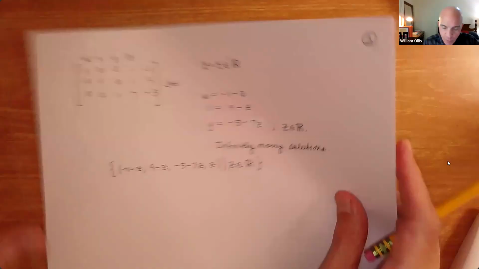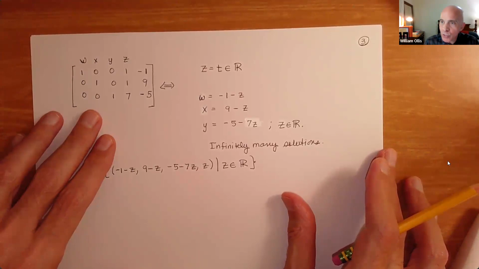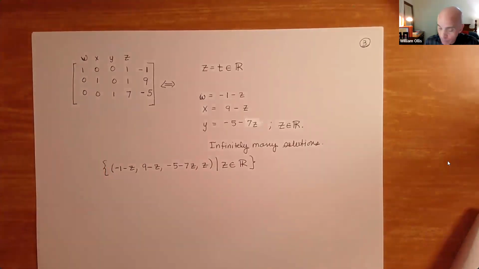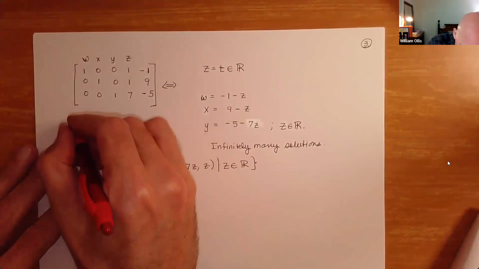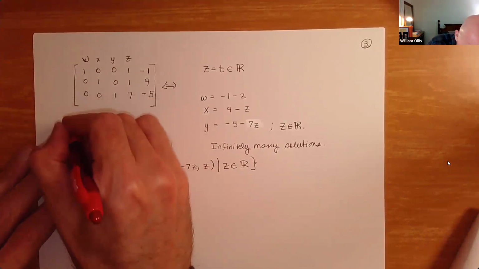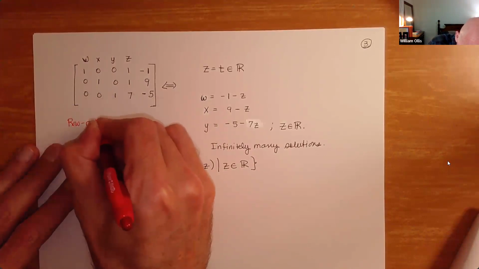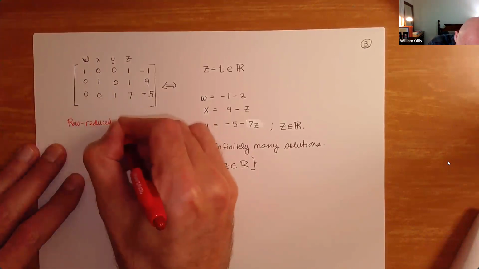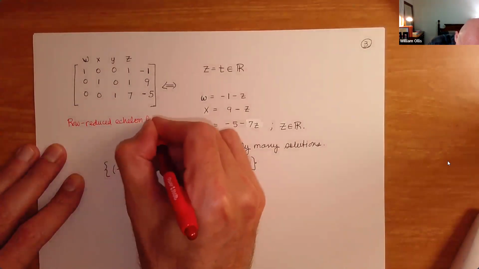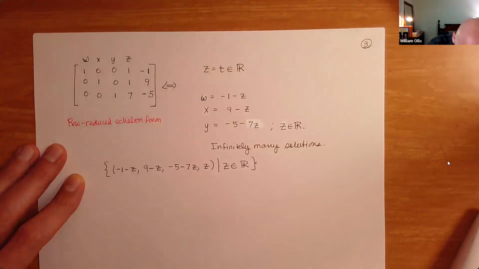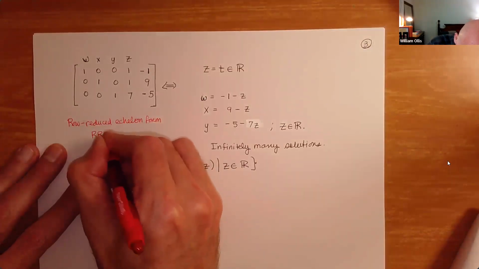Here's an example from your homework where you have what we call the reduced row or row reduced echelon form. I think it will be said many similar ways like that. So we'll say row reduced echelon form. And so sometimes this is called RREF.